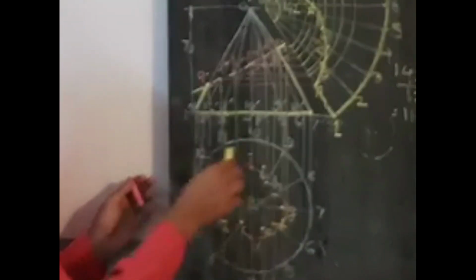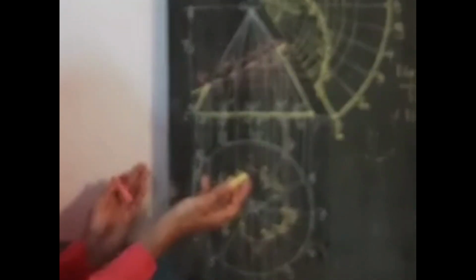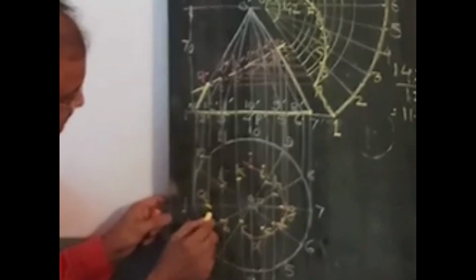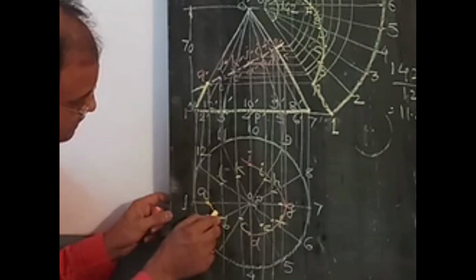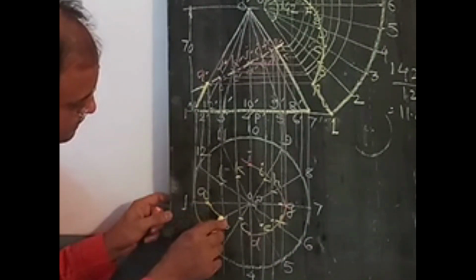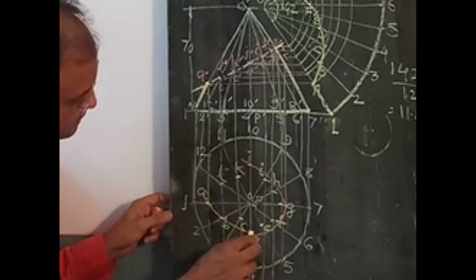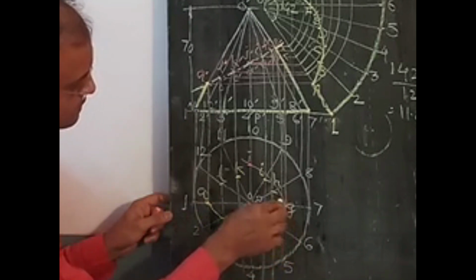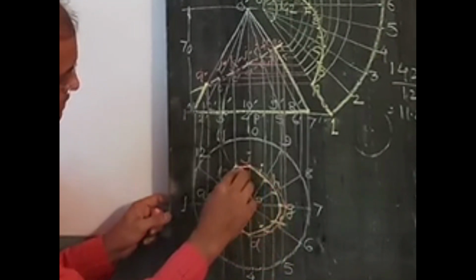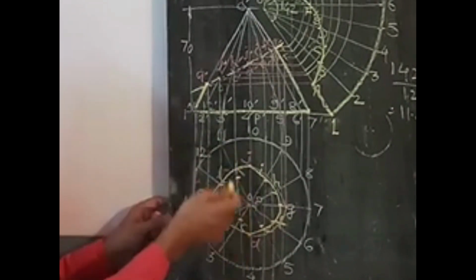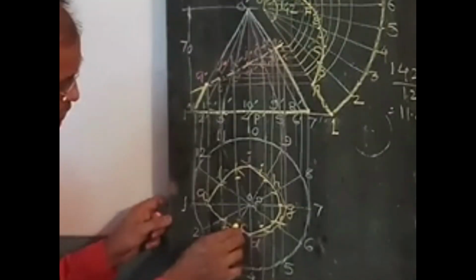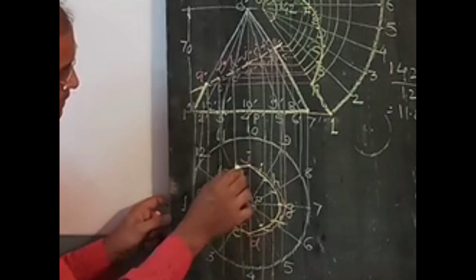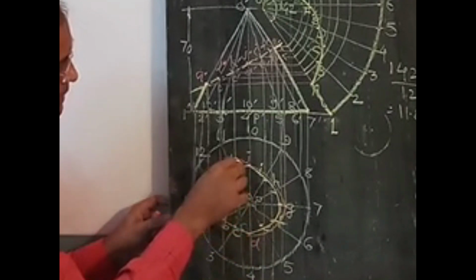Now we have to mark all these points by a curve. So if we go this way, A, B, C, D, actually I am not using a scale here, so C you should get somewhere here, and K we are likely to get somewhere here.